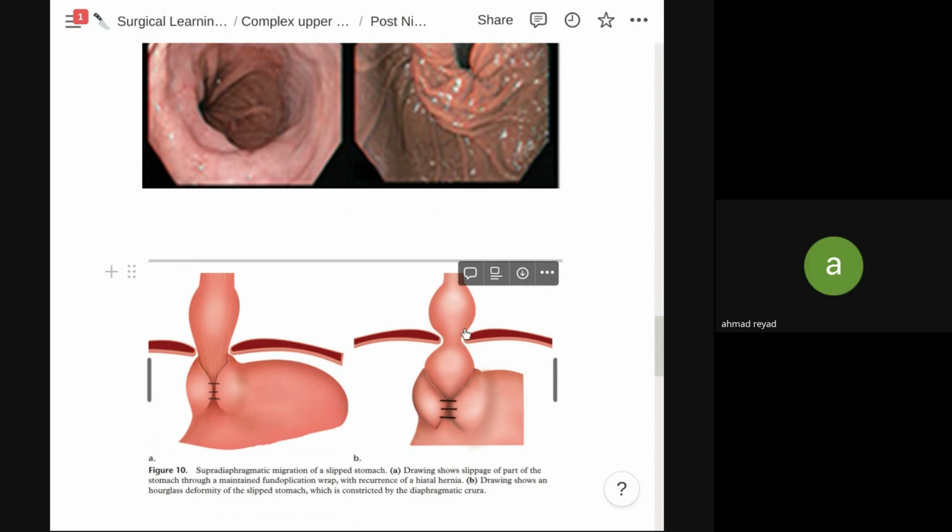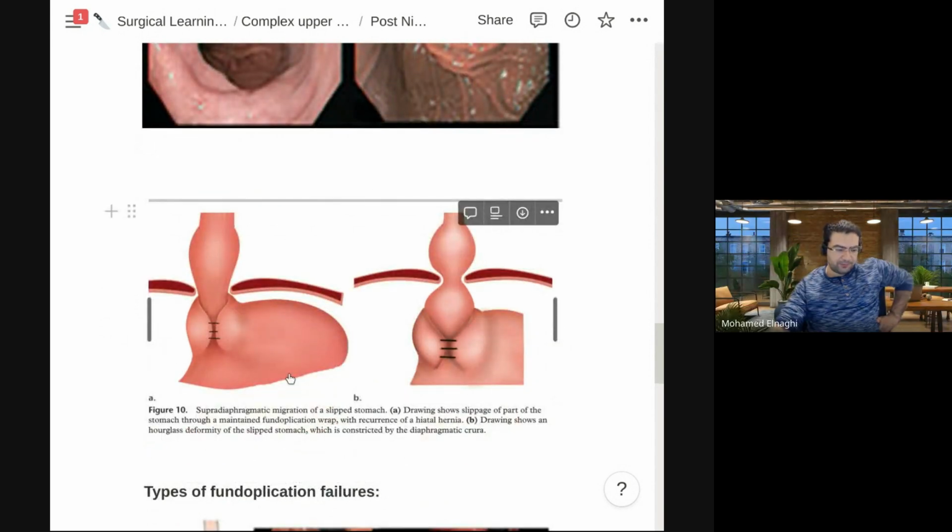Okay, so in this context, because you are upper GI, you are likely to be asked what the types of fundoplication failure are.